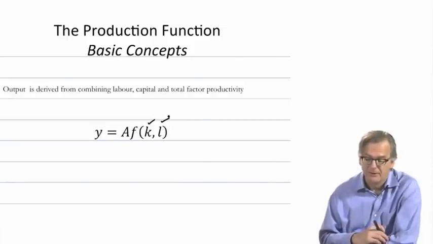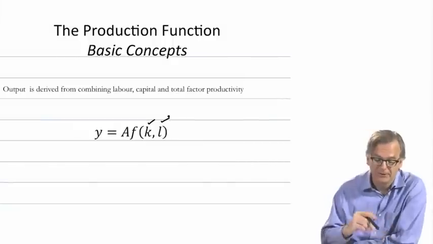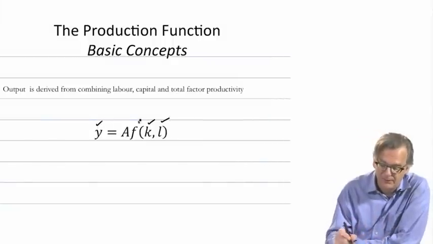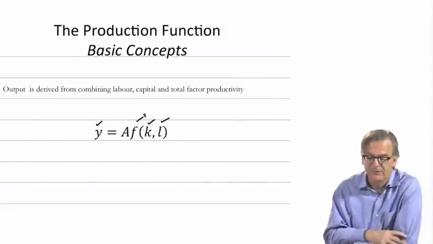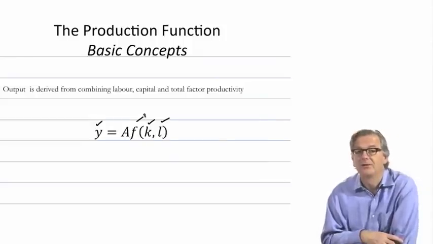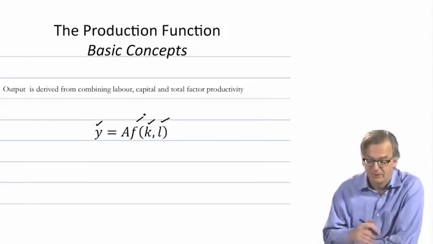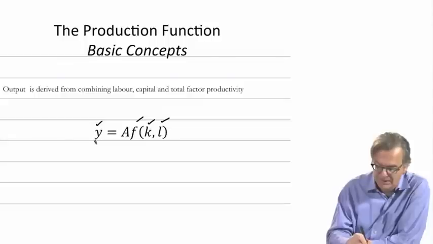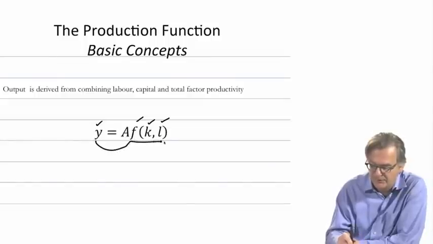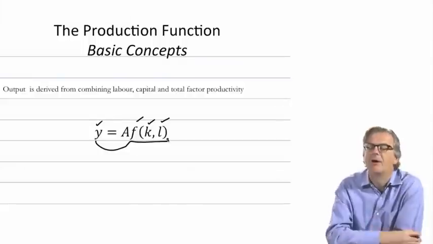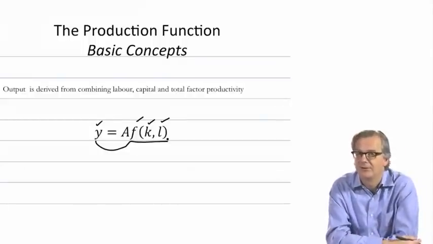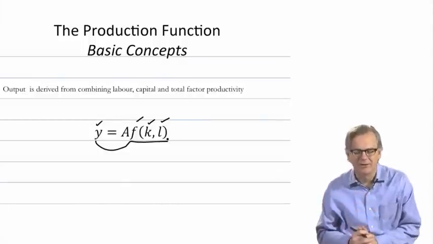So capital and labour are primary factors of production that influence or help to determine the total amount of output. The F here just represents function. So what I'm saying here is the flow of output that the firm produces is a function of the primary factors of production. So function means bringing together, combining.